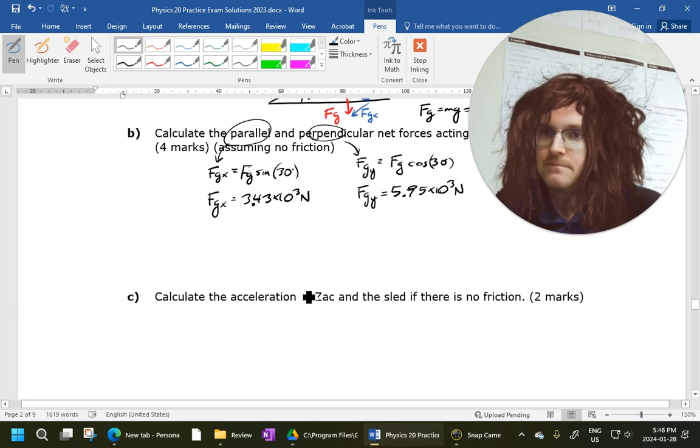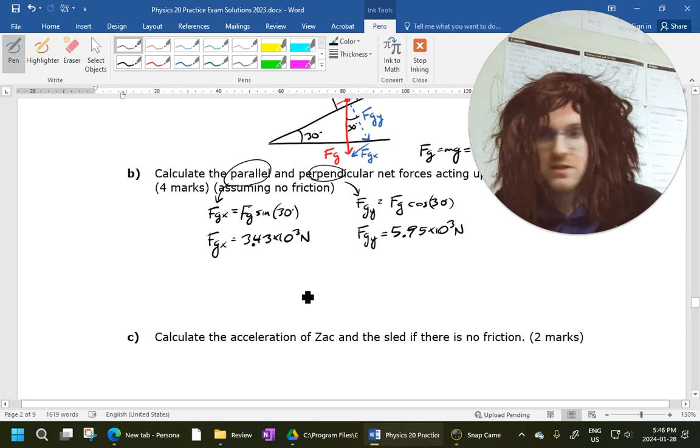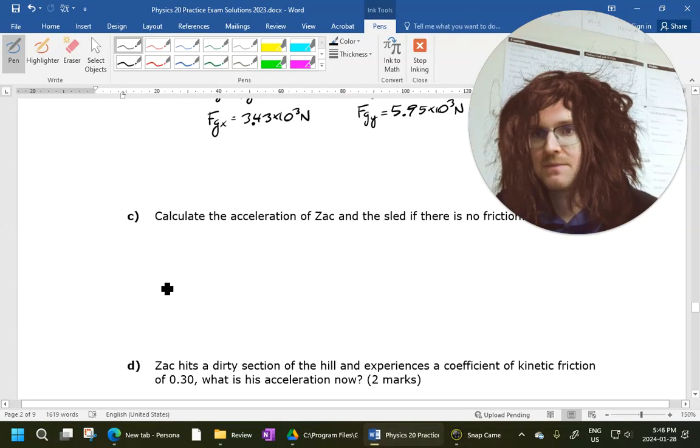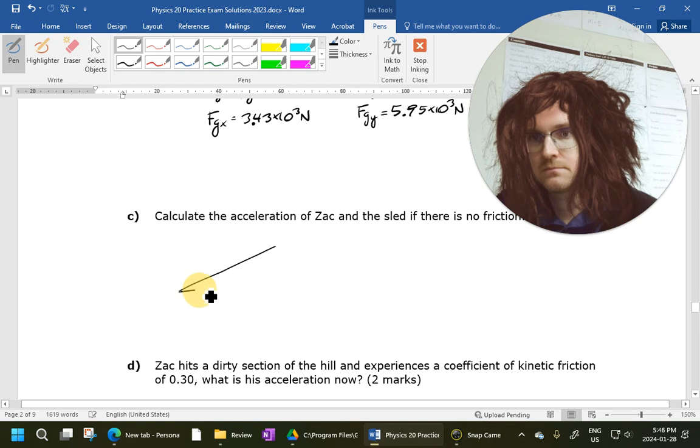Okay. What's the acceleration now? So if you look at this picture very carefully, let me just redraw this again. We got our forces right there. Fn, normal force, gravity.